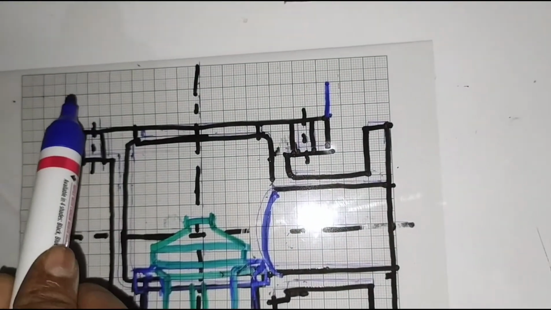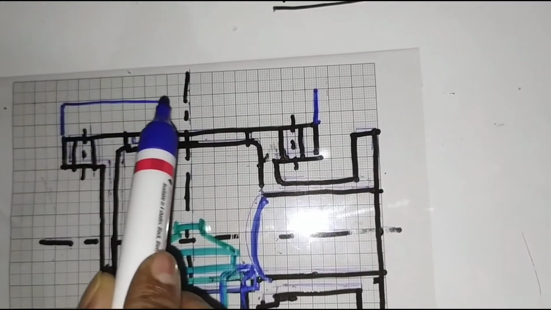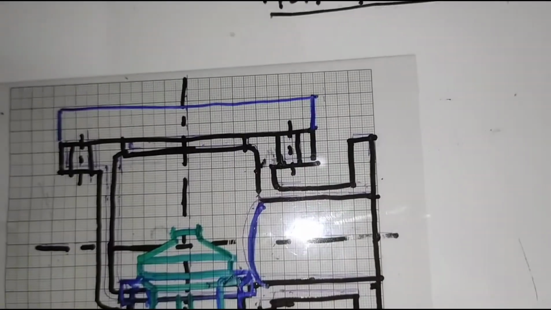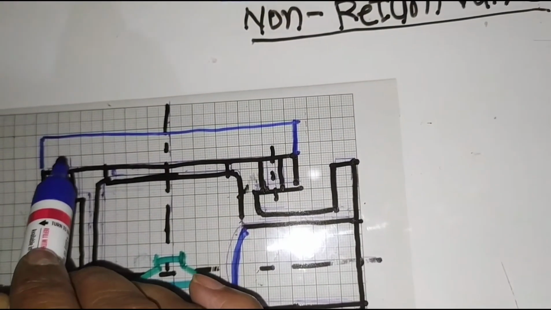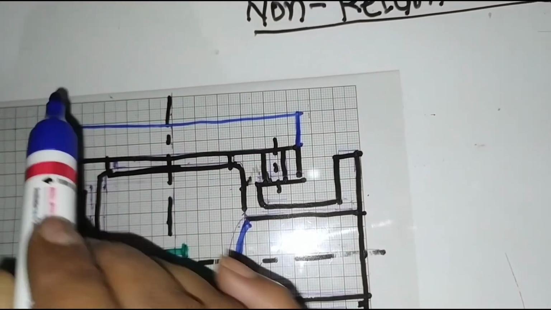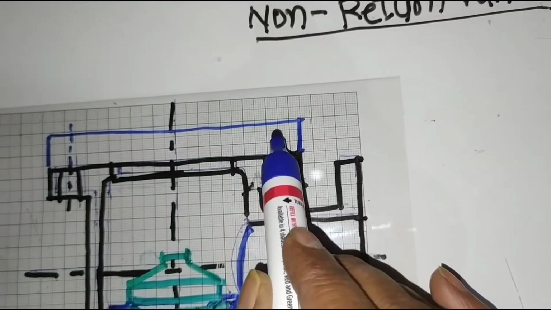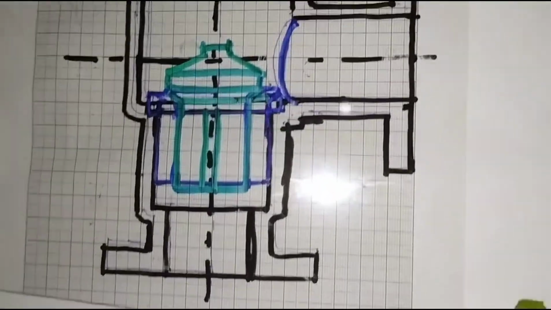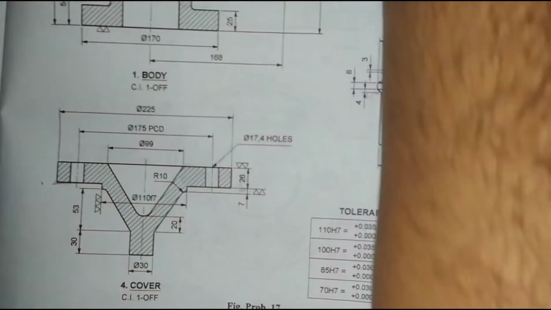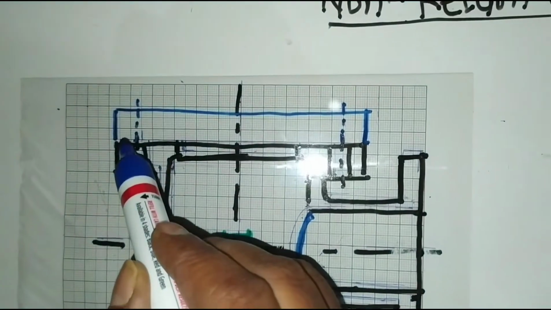Draw a horizontal line. Now we have to extend this center line also. Where it is fitted, this hole is also extended here.